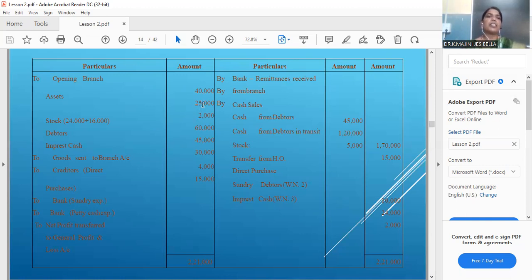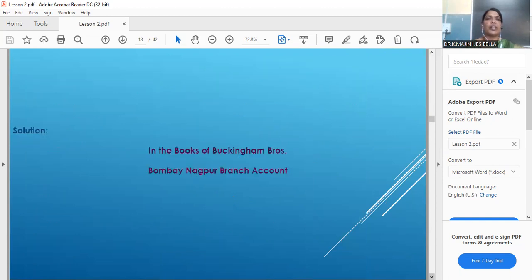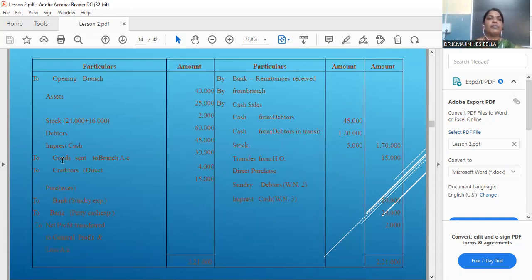Then imprest cash. Imprest cash how much? 2,000. See the question. Imprest cash 2,000, right? So you can write here imprest cash 2,000. Then goods sent to branch. How much? 60,000. Okay, 60,000 is the goods sent to branch. Then creditors, direct purchase. Direct purchase creditors how much?